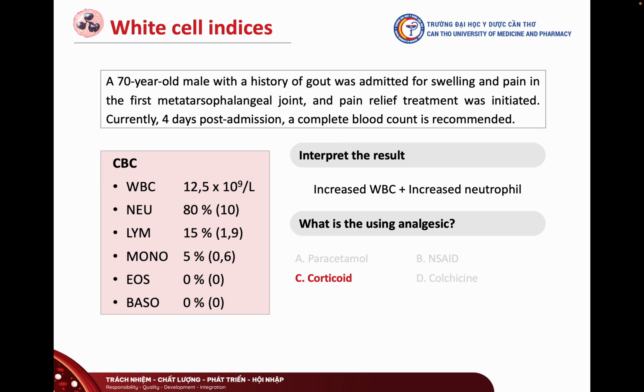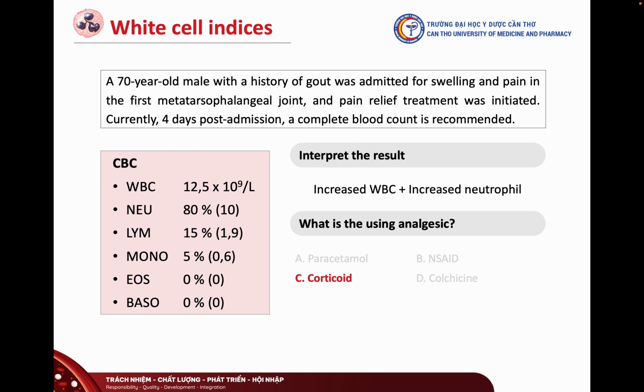Why? Because corticosteroids are commonly used for pain relief in gout, especially when NSAIDs are contraindicated or not tolerated. And more importantly, they can cause neutrophilia not due to infection, but through delaying apoptosis and prolonging neutrophil lifespan in our circulation.